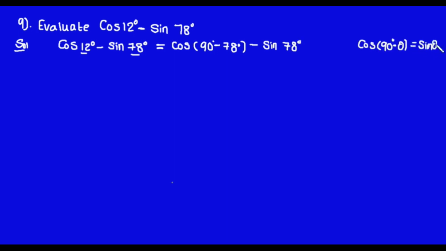We know that cos of 90 minus theta is equal to sin theta. So cos of 90 minus 78 degrees can be written as sin 78 degrees minus the remaining term sin 78 degrees. Here we can cancel sin 78 degrees and sin 78 degrees. Then we will get 0. Therefore, cos 12 degrees minus sin 78 degrees is equal to 0.